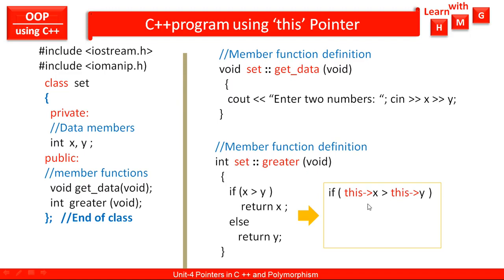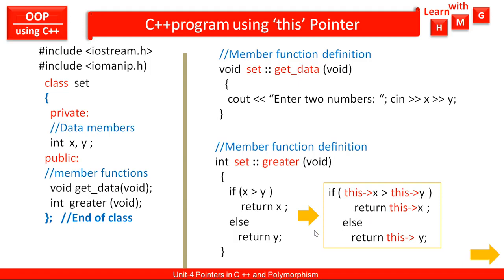So my if condition will be: if this arrow x greater than this arrow y. If the condition is true, return this arrow x. If the condition is false, return this arrow y. Like this, the if else statement is written using this pointer in order to find which number is greater out of x and y.